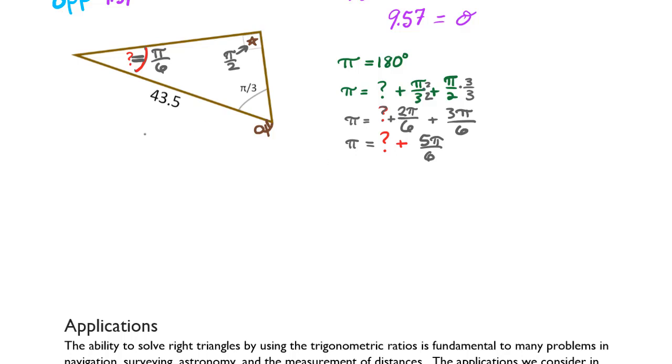Now let's figure out what the other sides will be. So I'm standing here looking across my first angle given. That means that this side over here is the opposite side. I need to identify the longest side of the triangle, which is always opposite the 90 degrees. So my hypotenuse is 43.5.